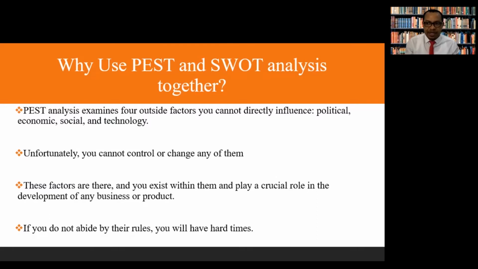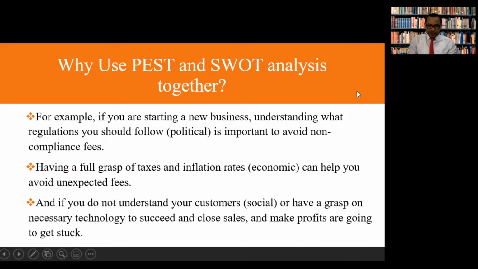At the same time, the factors play a significant role in the success or failure of your business. In other words, if you know how to navigate around these external factors, then definitely you will be able to succeed in business. But if you don't abide by their rules, definitely you are going to have a hard time from those factors.